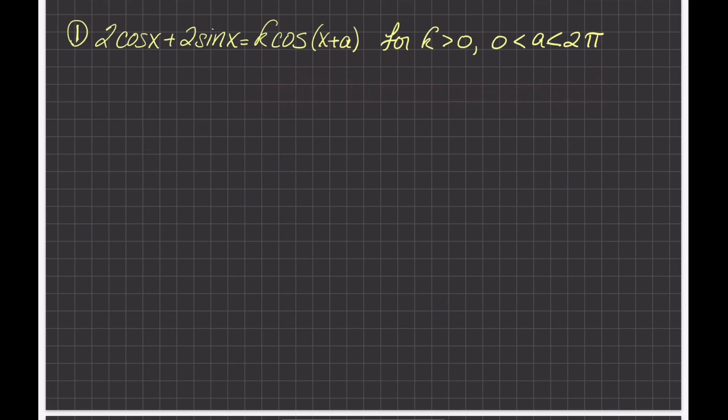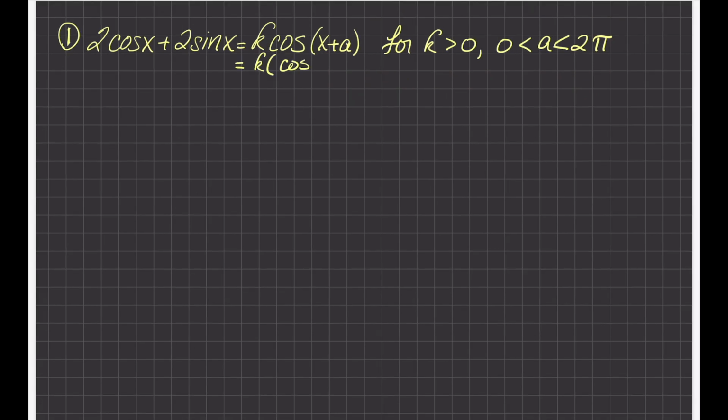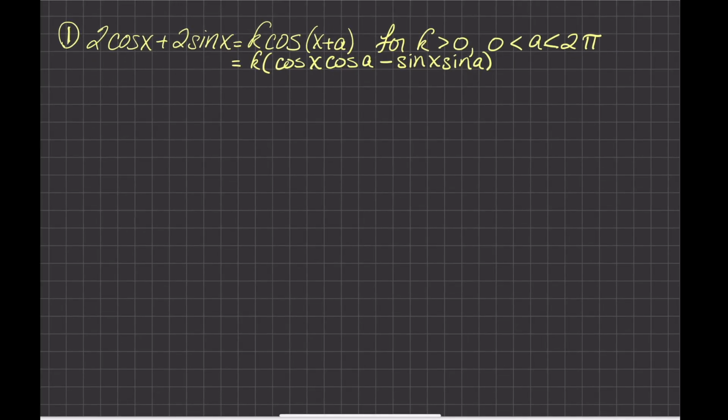I'm not quite sure why I'm writing this with a laser pointer, so let's get this down to ink. And of course, we're going to remember to include those parentheses around what was the cosine of x plus a, because it's turning into two terms. And now we're going to distribute the k.